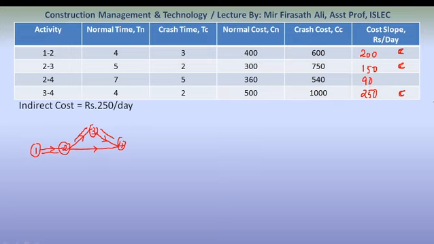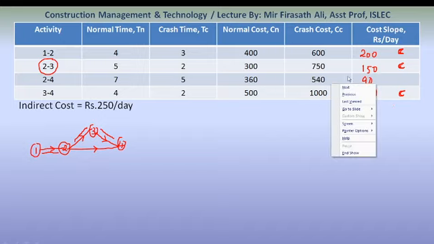The first preference for crashing of activities has to be given to the activity on the critical path whose cost slope is minimum. So in that sense we have activity 2 to 3 with the least cost slope, that is 150 rupees.